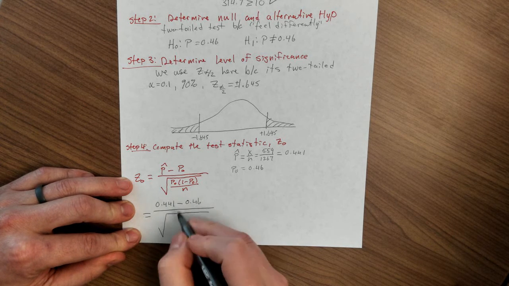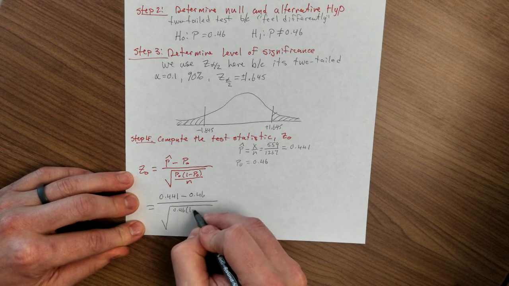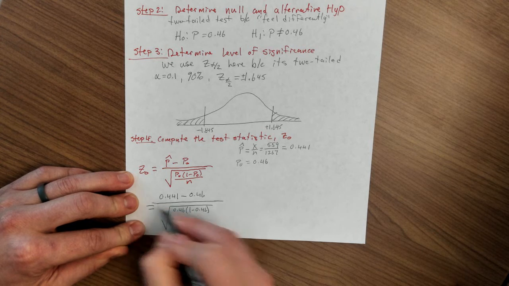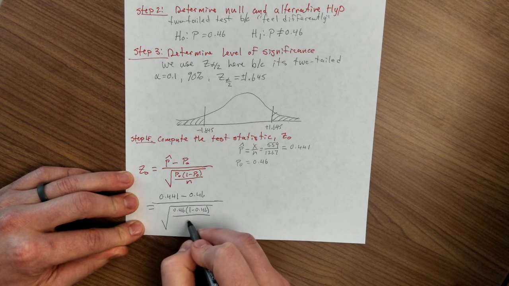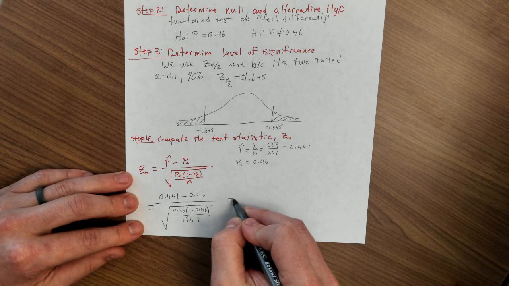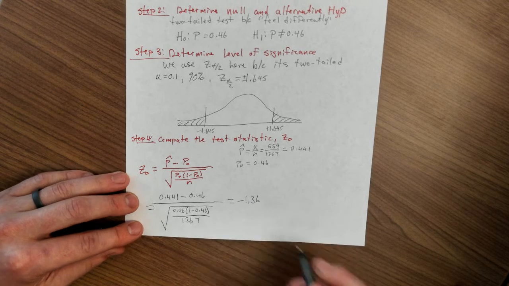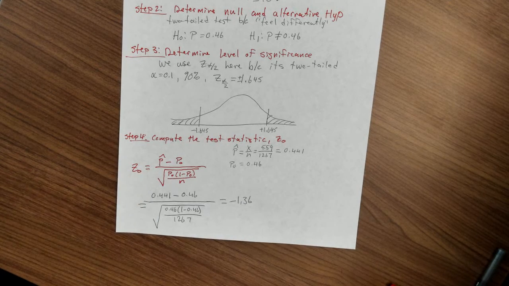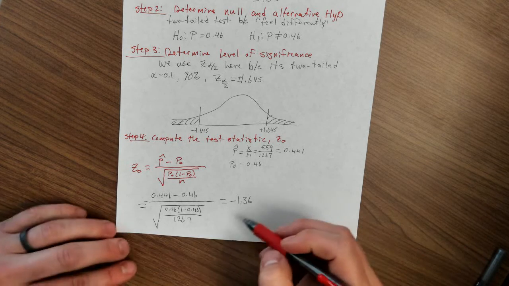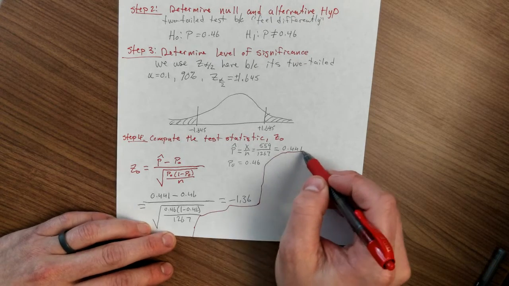So p-naught is 0.46 times 1 minus 0.46, and that's divided by n, which is 1,267, and that equals negative 1.36. All right, so that gets us to step 5 now.